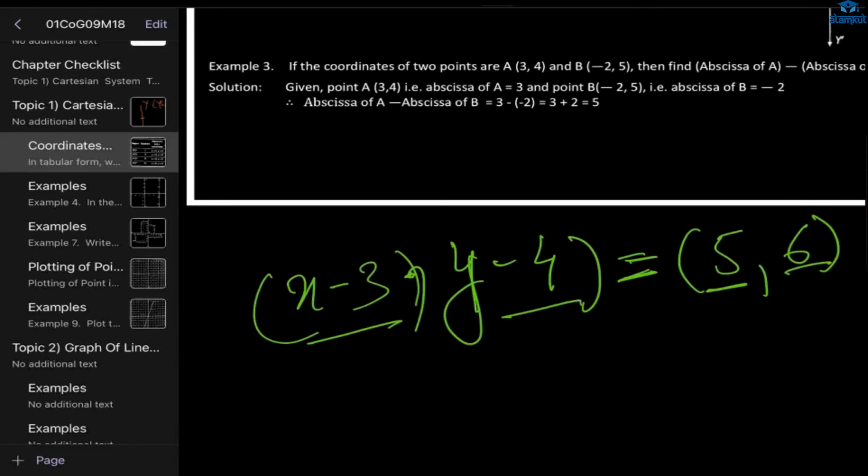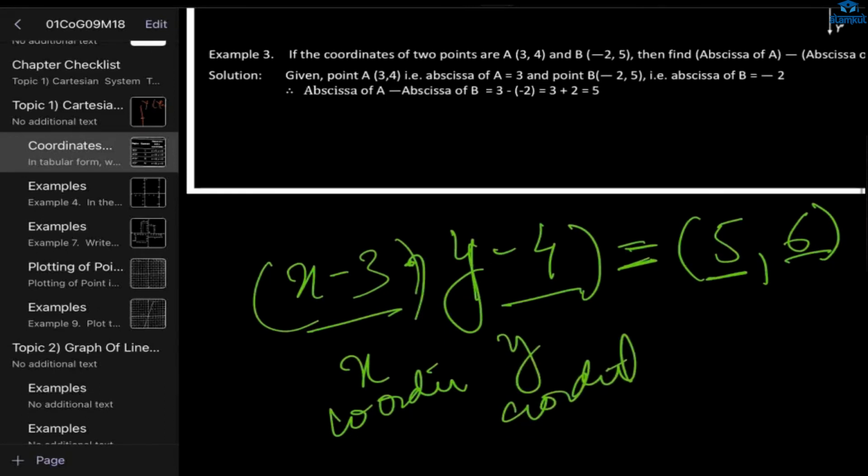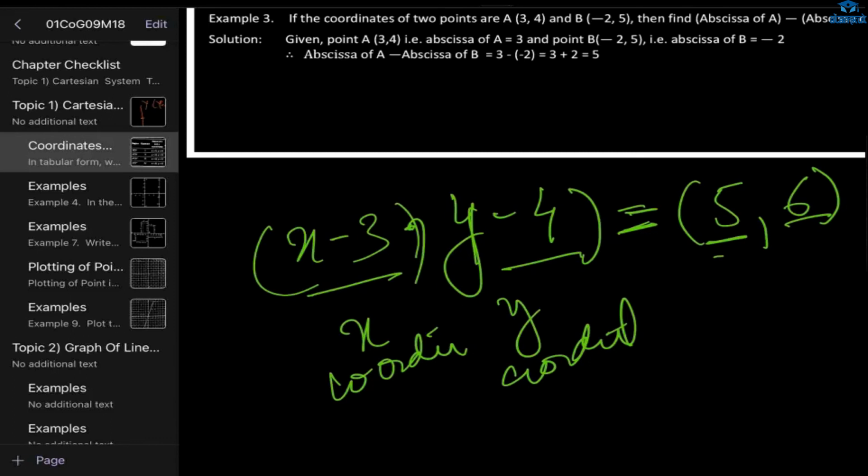When you are writing a point, the number written before the comma is the x coordinate, and the number written after the comma is the y coordinate. So you are going to compare x coordinate with the x coordinate, y coordinate with the y coordinate.